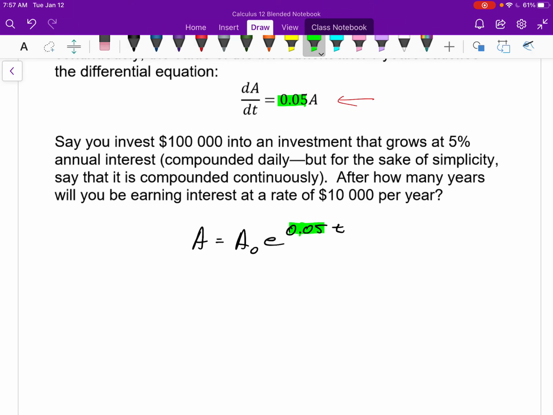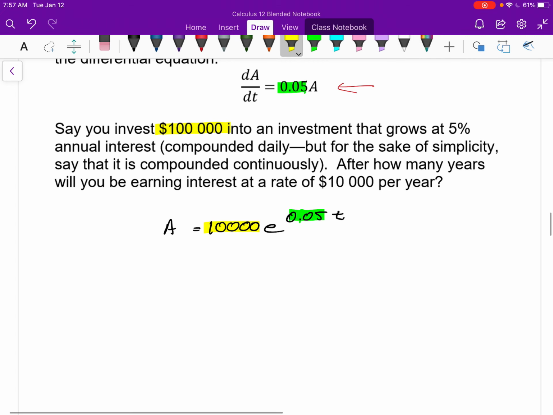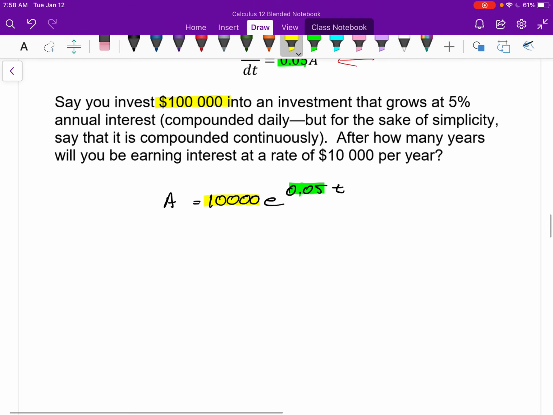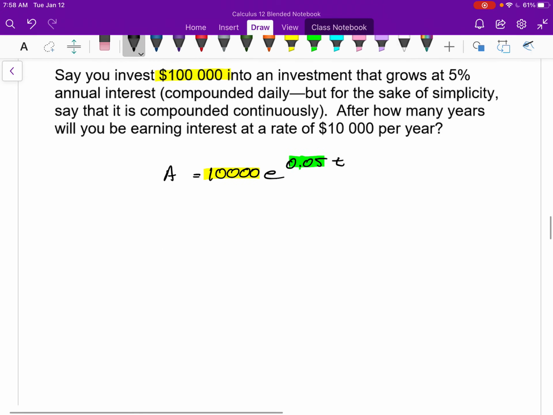And my initial amount is 100,000, so actually, I'll just change that as well. All right, so if I want to find the rate it's growing at $10,000 per year, let's differentiate this. And so I can differentiate this quite easily. I have to use the chain rule if I differentiate it, though.